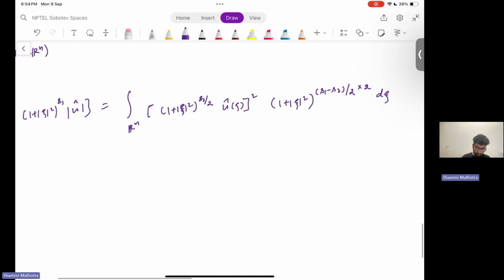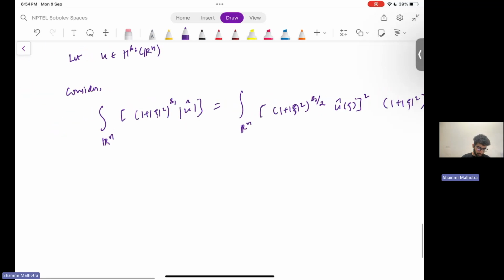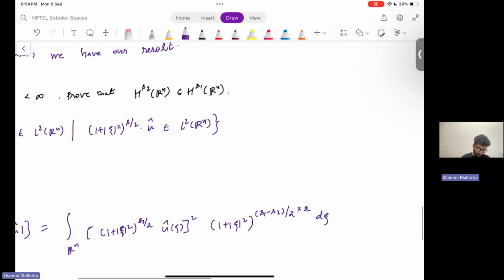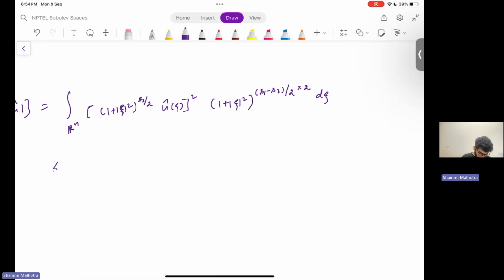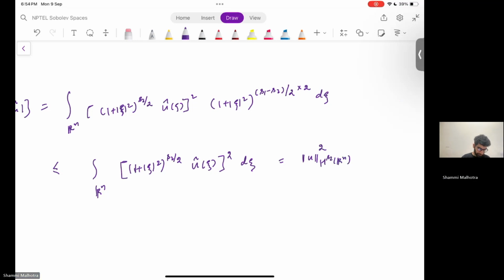Since s2 is greater than s1, this thing is less than or equal to the integration over R^n of ((1 + |xi|^2)^(s2/2) |u hat(xi)|)^2 d xi, but this is nothing but the square of the H^s2(R^n) norm.